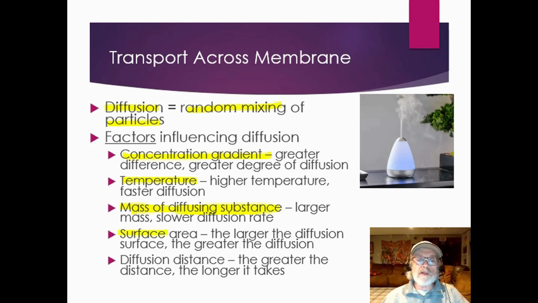We also talk about the surface area. What I mean is, if I'm able to diffuse over a larger area, there's going to be more diffusion. But if the area it's able to diffuse through is very small, it's going to be harder to get those things through. It's sort of like if you have 50 people in a room and they all want to get out at one time, but there's one small door. Guess what's going to happen? There's going to be a bottleneck at the door. It's like when you're driving into school and the highway has a bunch of orange barrels.